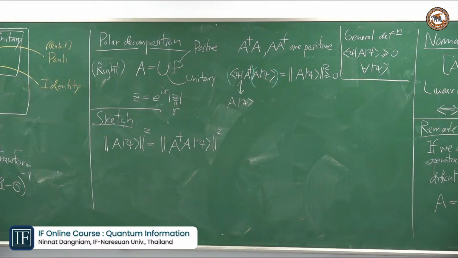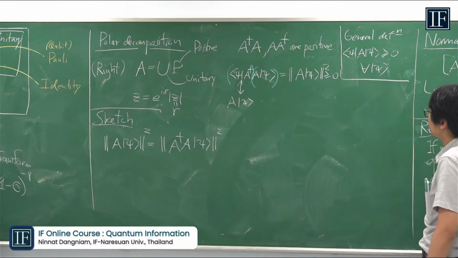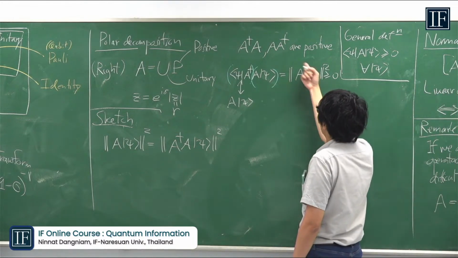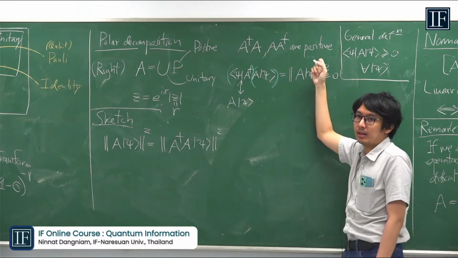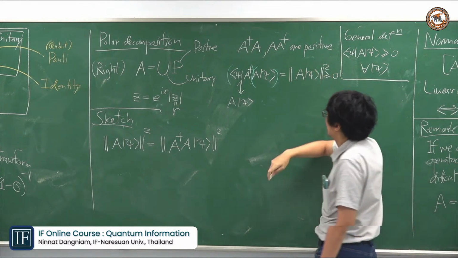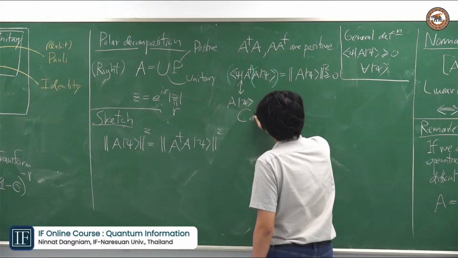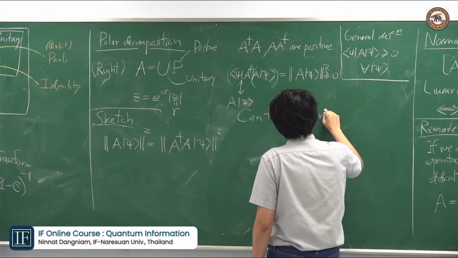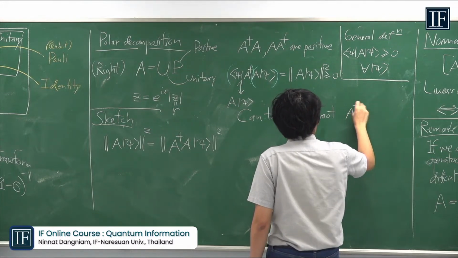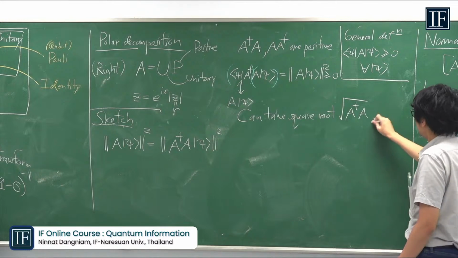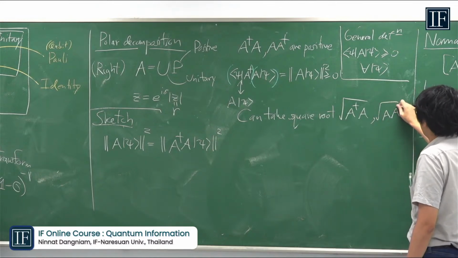It's the same for A A dagger. So in particular, if they are positive, it means that it has a unique positive square root. So we can take the square root, or the other way around as well.